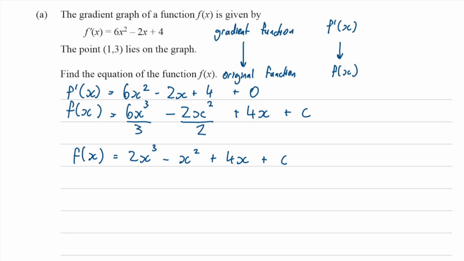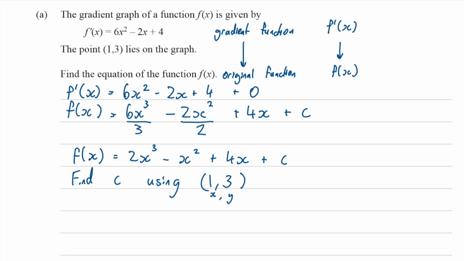Alright, but that is not our function because we have this unknown constant c. So to find c, we use an x, y point on the function f of x, on the original graph. So using 1, 3 in this case, x, y.